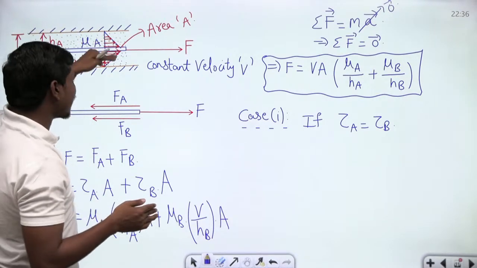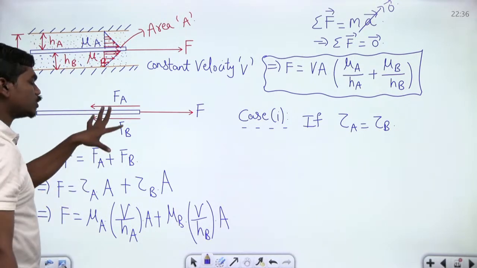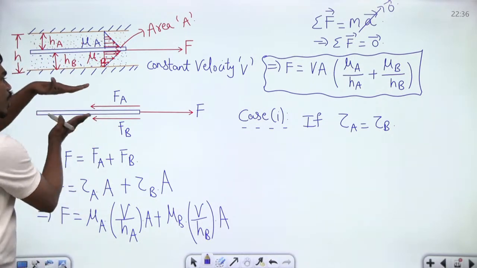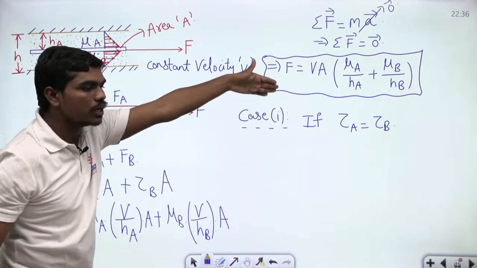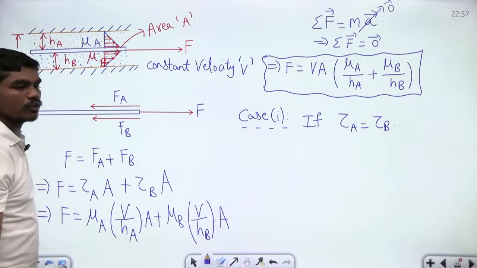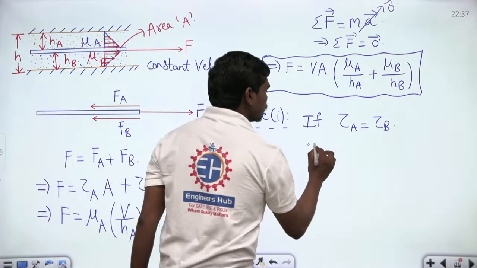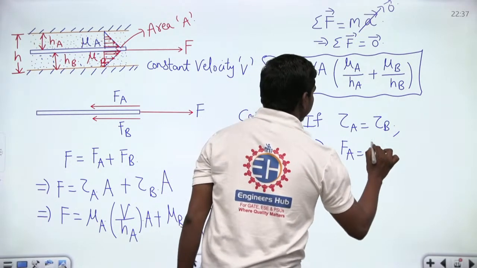So if these two are dragging this plate, then there are some forces FA and FB. Since the areas on both sides are same, if shear stresses on both top and bottom faces are equal, then your top and bottom shear forces are equal. So this implies FA is equal to FB.